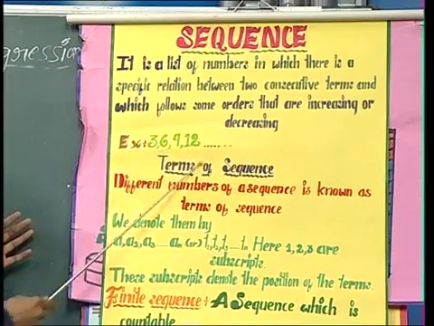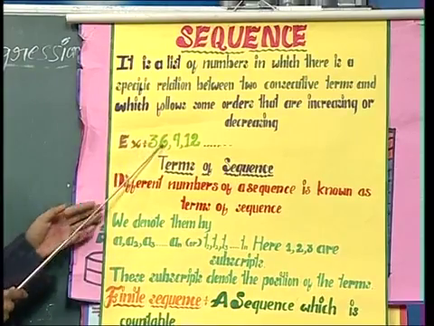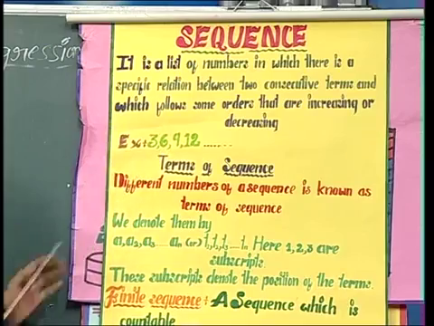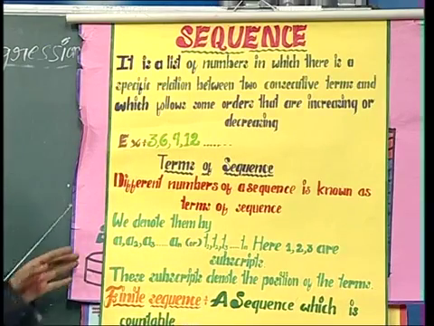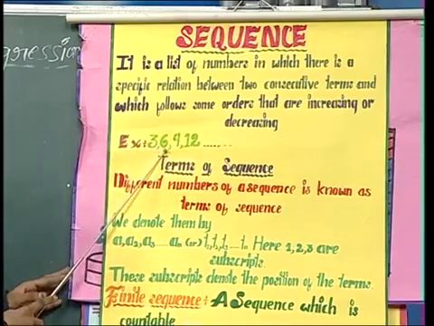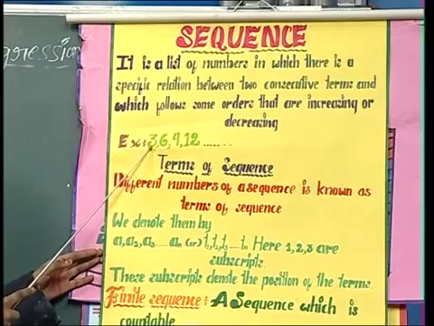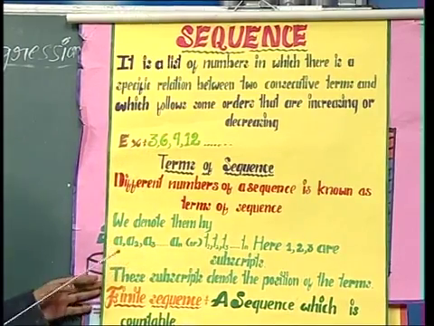So 3 plus 3 becomes 6. And how do we find the difference between two terms? We subtract the first term from the second term, that is a2 minus a1. So 6 minus 3 is 3.